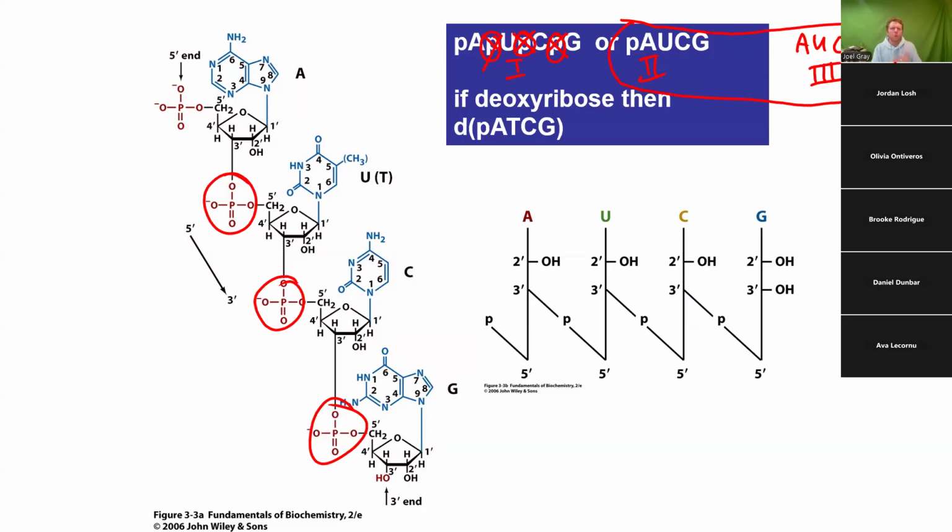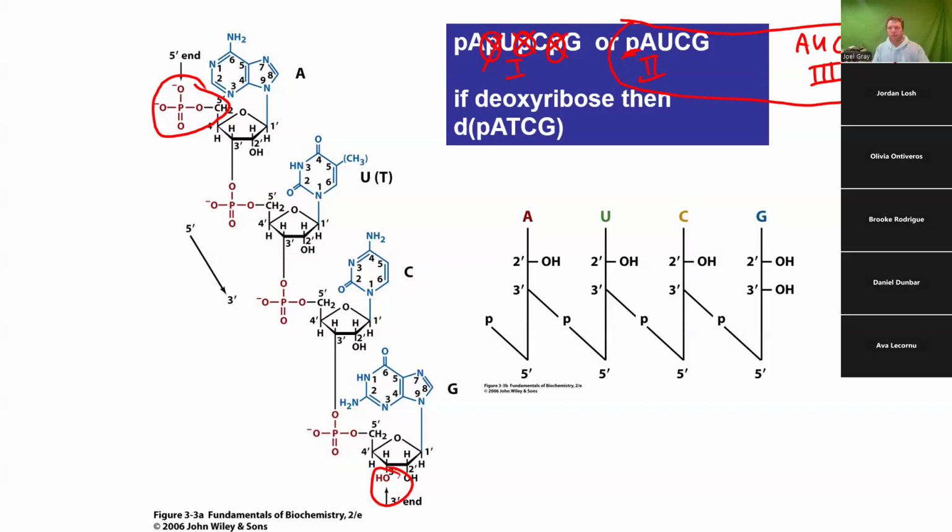Why is 2 better than 3? Is 2 better than 3? To answer that question, I want to look at the overall structure. I've got on the 5' end a phosphate. On the 3' end, I don't have a phosphate. This P right here indicates that my molecule has a phosphate on the 5' end.